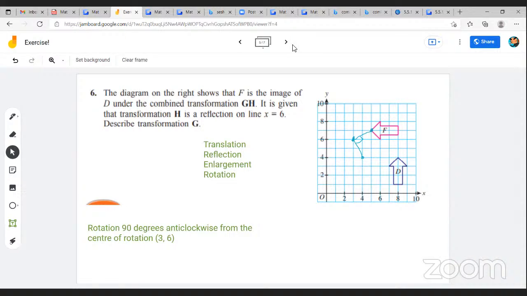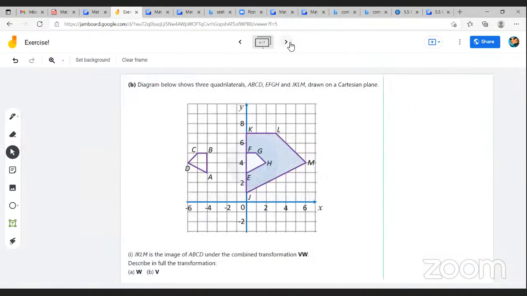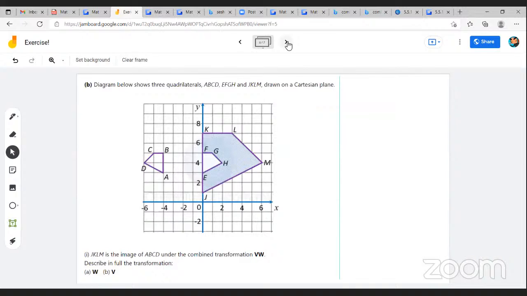Okay, so from here, the diagram below shows 3 quadrilaterals, ABCD, EFGH, and JKLM, drawn on the Cartesian plane. JKLM is the image of ABCD under the combined transformation VW. Describe in full the transformation WV. Okay, this one is a bit difficult, but also not very.